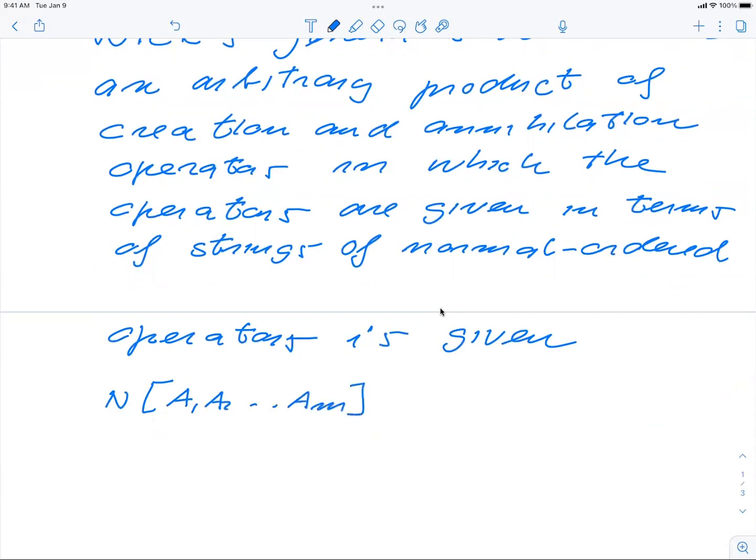That's one chain. And this is multiplied with another chain of normal ordered operators. And what you're going to see is that basically everything we set up when we calculate expectation values or transition probabilities is actually going to be given in terms of such chains. So we will have a new chain here, B1, B2, up to some B of n.